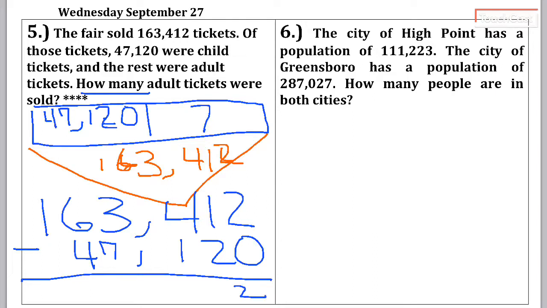So 2 minus 0 is 2. Uh-oh, can we take 2 from 1? No, we cannot. So we have to borrow. That becomes 11. 11 minus 2, I'm fluent, 9. 3 minus 1, we know that is 2, comma. Once again, I have to borrow. Can't take 7 out of 3.